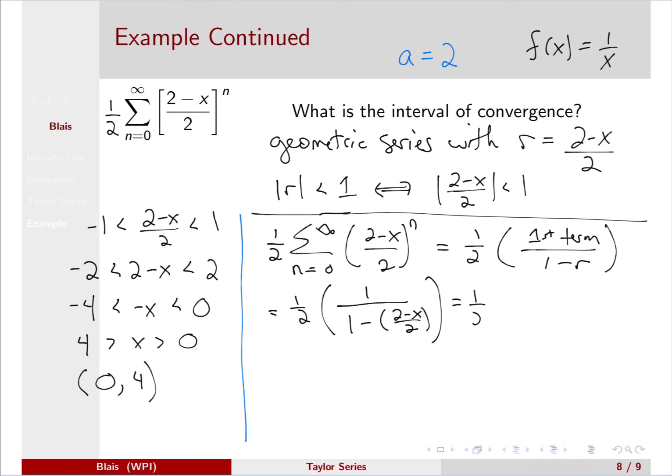So this will be 1/2. Let's change this 1 to a 2 over 2. So we have 2 over 2, and we can distribute our minus sign, and we'll get plus x minus 2 over 2.